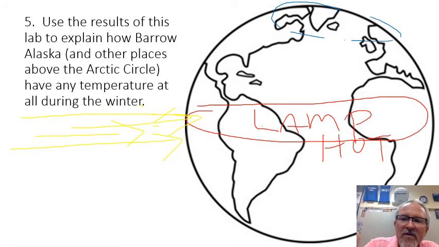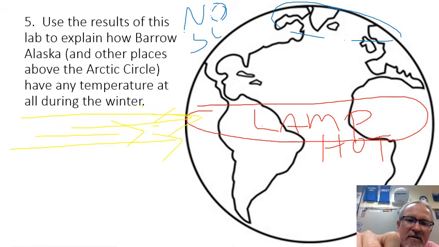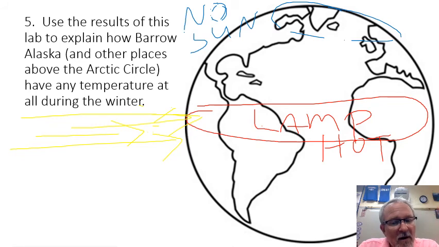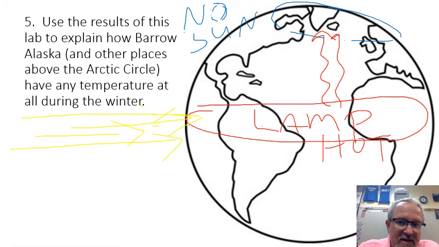This area up here is getting no sun, which means you would expect it to be very cold. But what we saw in the lab was that this hot water will move, and it moves up to Barrow, Alaska, and it takes some energy with it. Even though they don't get any energy directly from the sun, the water from the equator takes energy to them, which means their temperatures go up a little bit.